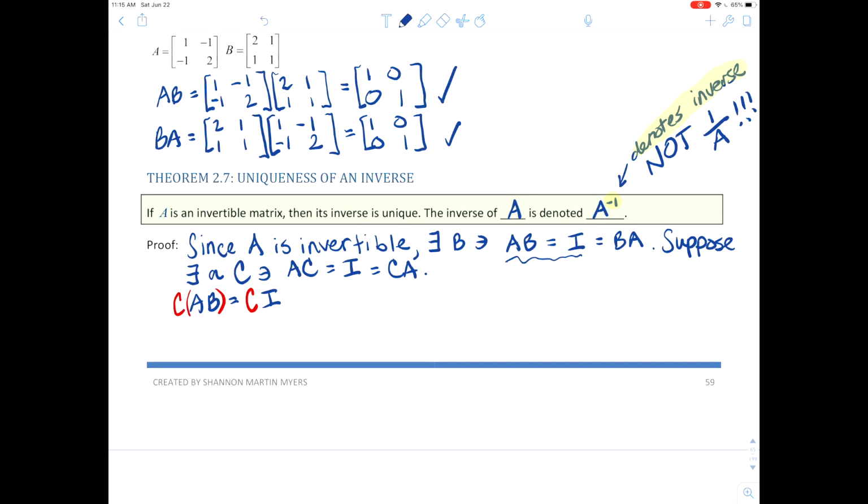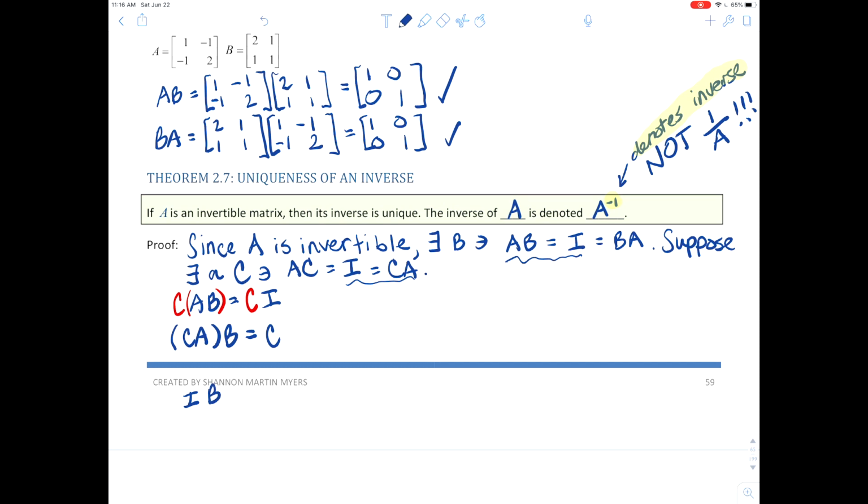So using what? Beautiful. The associative property of matrices. Can't I rewrite the left side as so? And then the right side will actually just be C, because C times the identity is just going to give us C. But what is C times A? Beautiful. C times A is equal to I from here.